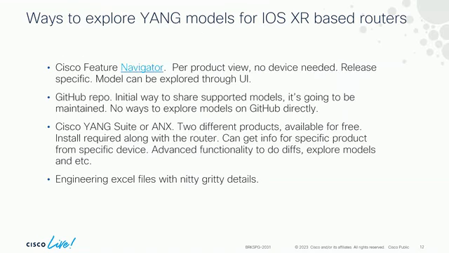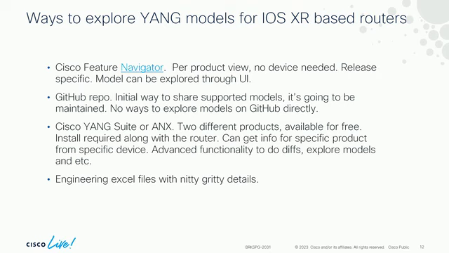I talked a lot about models, and there are multiple ways to do exploration of the models. The first one, and the one I would recommend right now, is Cisco Feature Navigator. With Cisco Feature Navigator, you just go to the web page, which is provided on the next slide, I believe. You open this page, sign in with your Cisco account, or you can even use a guest account without any registration.